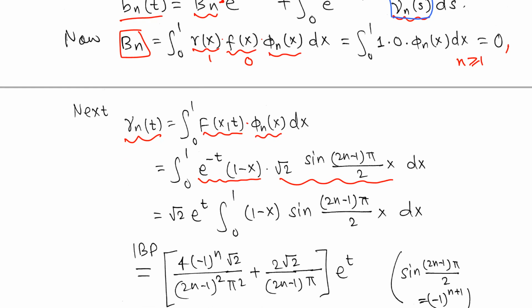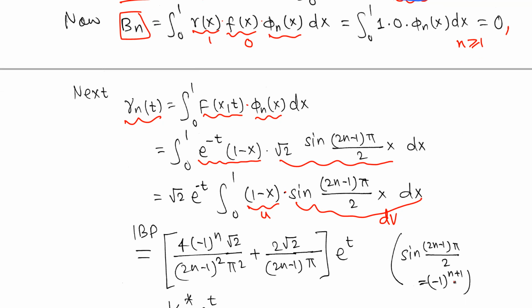So we can pull this e to the negative t outside and root 2 outside. So we have the integral from 0 to 1 of (1 minus x) times sine of this. We got a product, so we need to use integration by parts. This is like u and dv. Do integration by parts and use this fact.